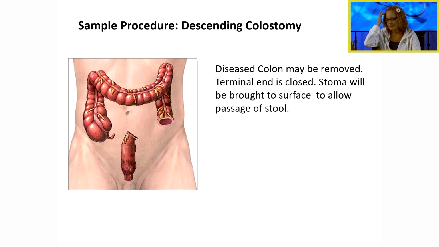And here we see a descending colostomy where part of the descending colon was removed so that the terminal end is closed. And then there's a stoma that will be brought out onto the surface of the abdomen to allow stool to pass. Okay?